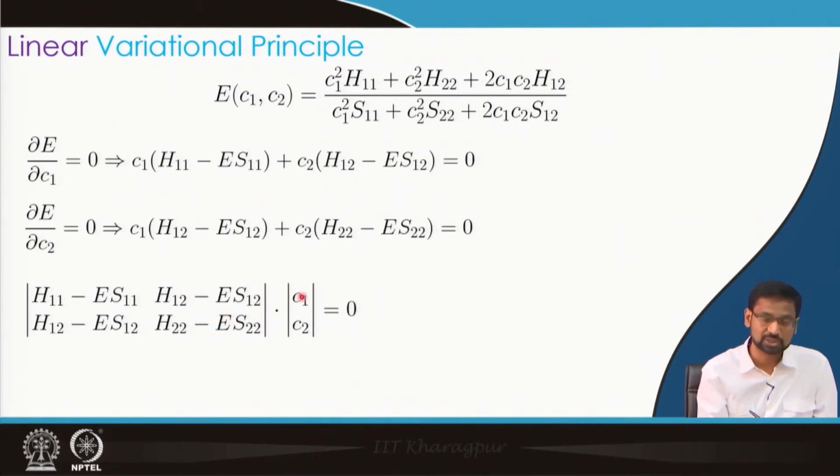The trivial solution is that this equation holds if both C1 and C2 are 0. But when both C1 and C2 are 0, my trial wave function, C1 psi 1 plus C2 psi 2, is 0, since the coefficients are 0. So I do not have anything to work with. That is the trivial solution, and we ignore it. Now, we would look at the non-trivial solution.